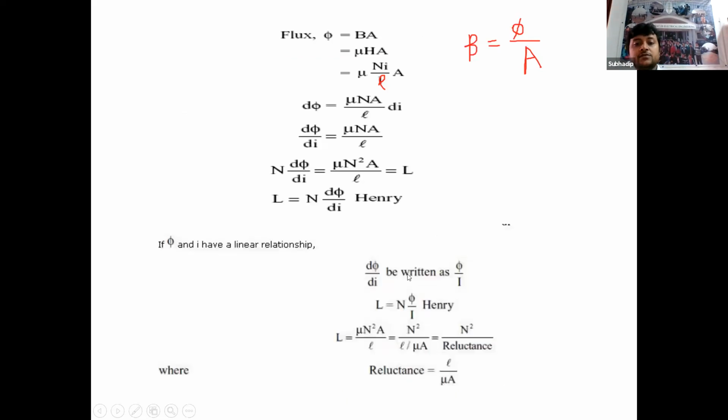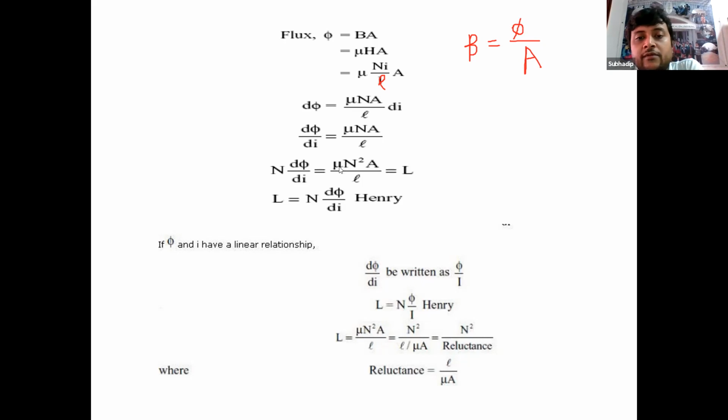Okay, so you see d phi di equals mu n a by l. So n d phi di equals mu n square a by l, which equals L. So L is nothing but n d phi di Henry.